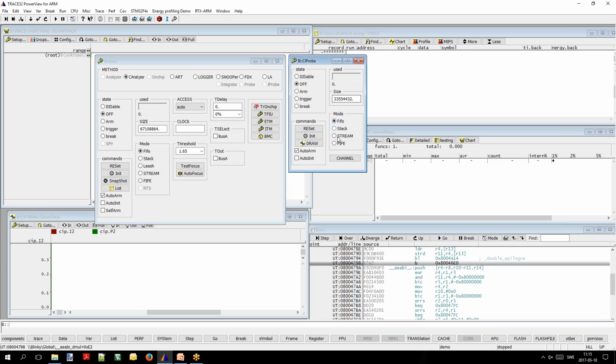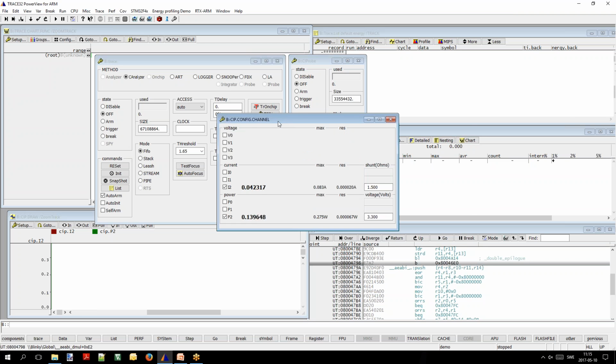If I want, I can change both these methods to stream, streaming the trace buffer and the energy buffer from my Lauterbach hardware to my PC, and then it's really the size of the hard disk of my PC that determines how long I can go on and do measurements.